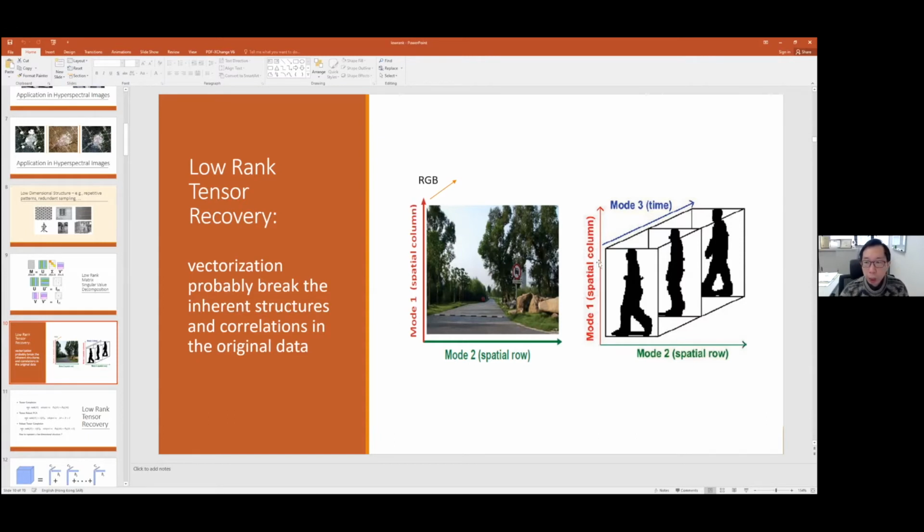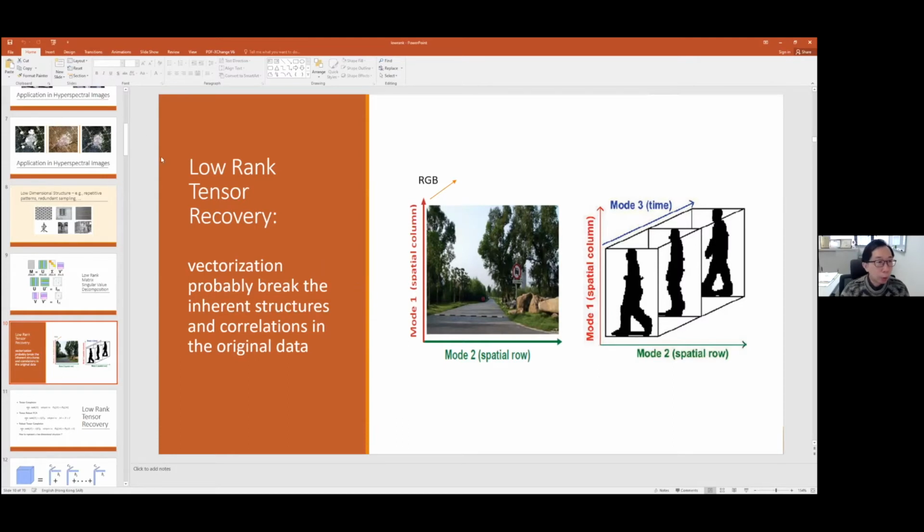Probably you see that in a video, you have the spatial dimension and also the time dimension, and in a color image, for example, you have the spatial dimension and RGB. So how to define the rank? Of course, this is a tensor, and we can reorder it into matrix form or even vector form.